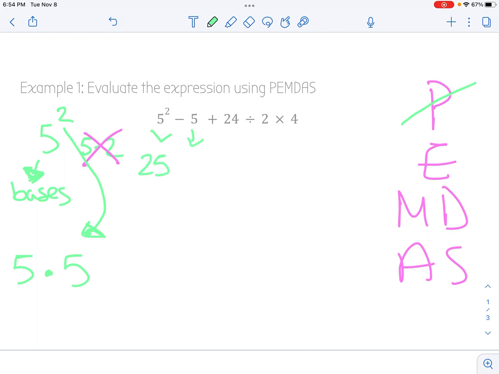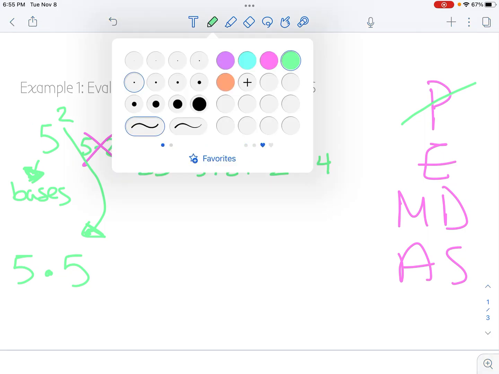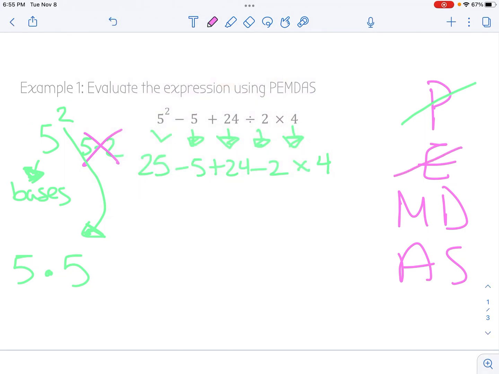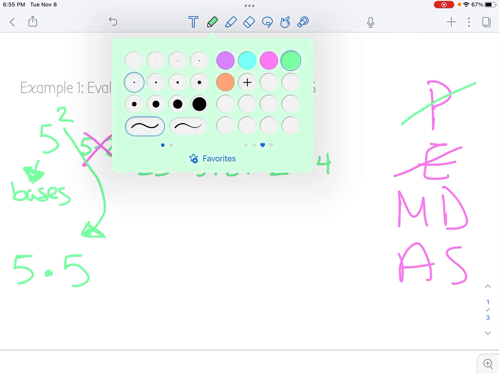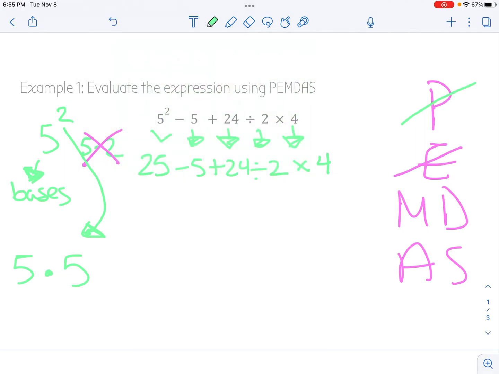The next important step with expressions is I want you guys to bring everything else down so that you don't lose your place and your order, because it's super easy to make errors when we don't bring things down. Okay, so I am done with exponents. Next, I have multiplication and division. I made a little error here. There should be a division sign. Left to right.